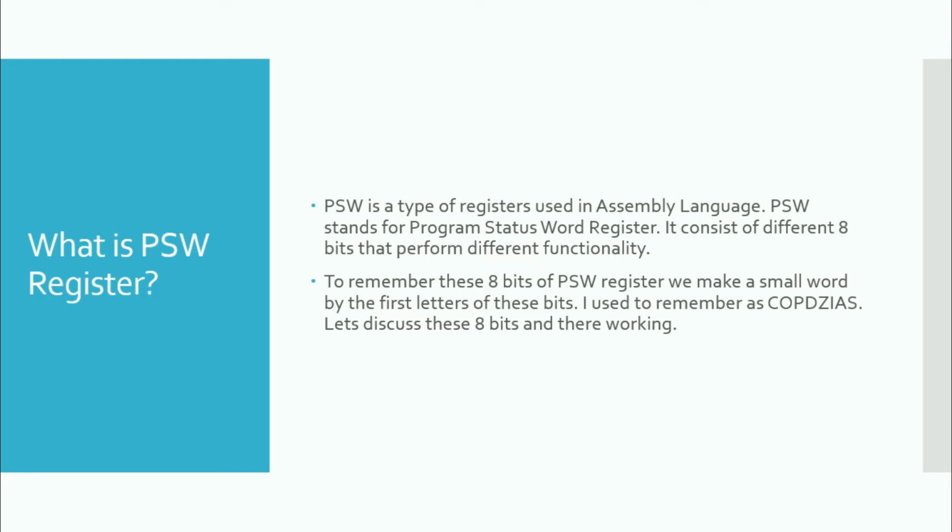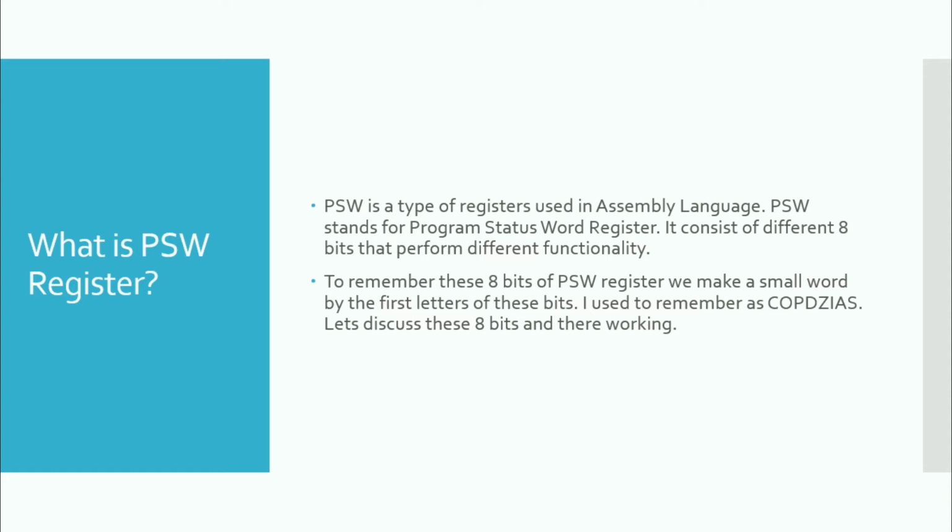You can also use some keywords to remember these 8 bits. You can make a small word by using the first letter of these bits. Well, I used to remember it as COPDZIAS. You can also use this word by rearranging these letters.